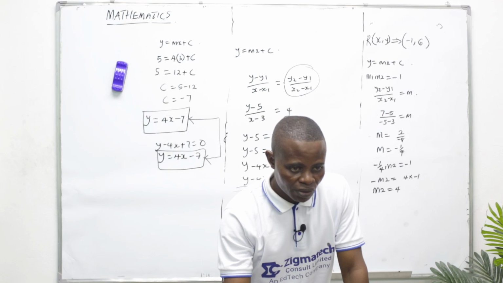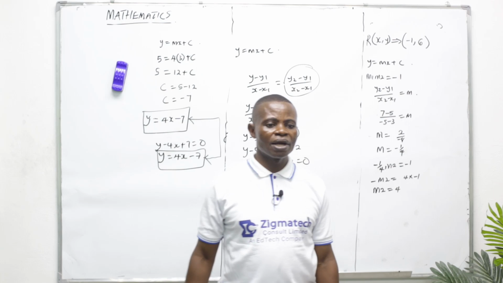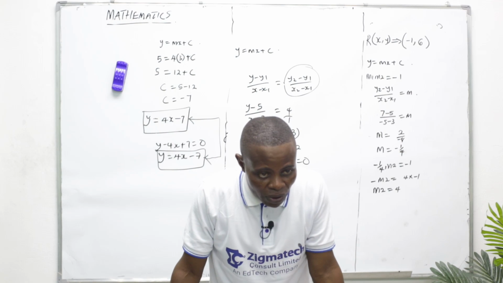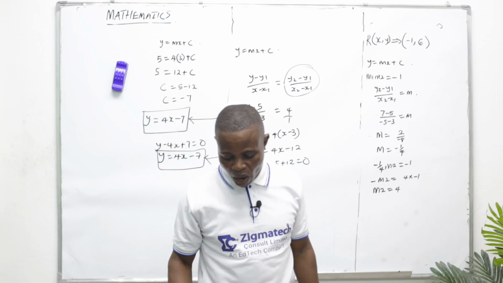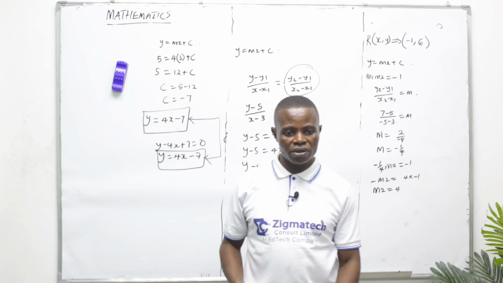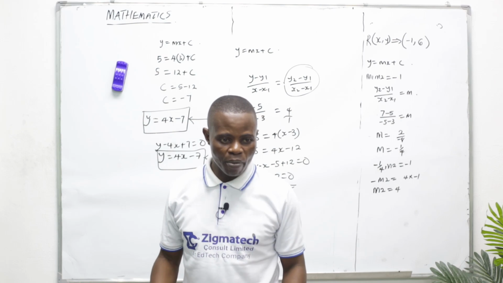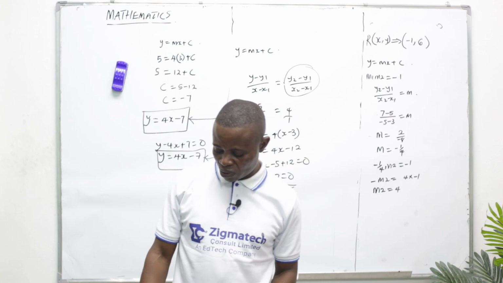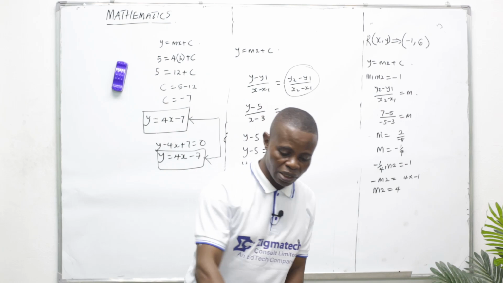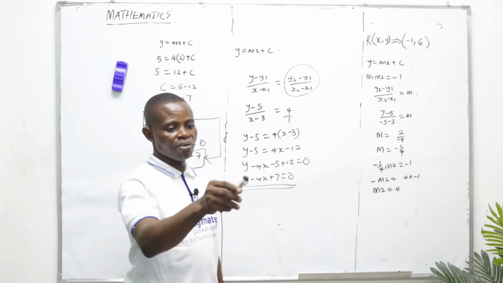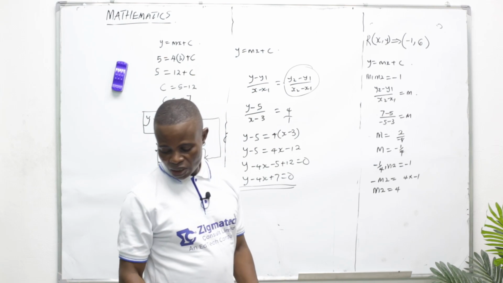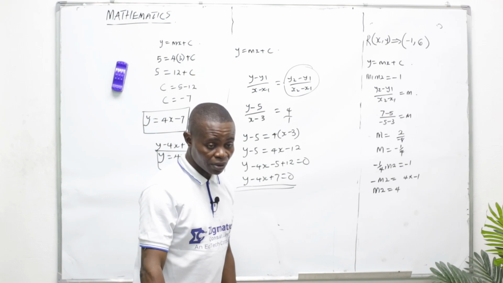Next question. Now, copy and complete the table of values of y equals x squared minus x minus 4, for minus 3 less than or equal to x less than or equal to 3. The table has been given to you. There is something I do.